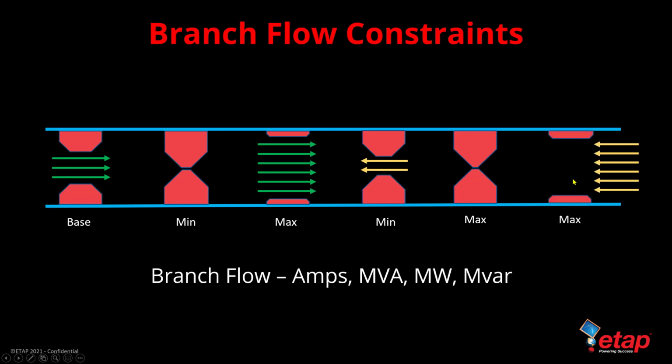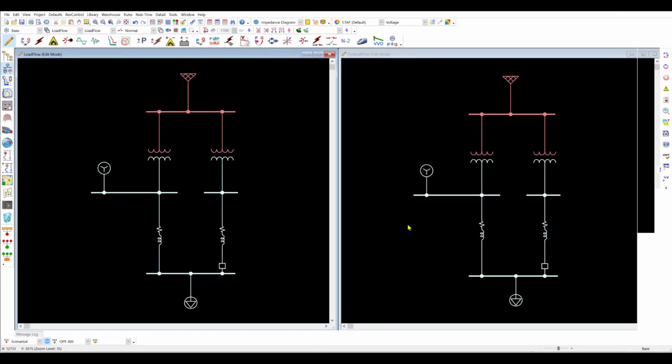You can also set up your limit, the maximum limit, to be a certain amount of flow, again in the opposite direction. So all of these different combinations are available when we define our branch flow constraints. And again, if you remember the 5-step process, this is step number 1 in order to define the bus and branch flow constraints. Now that we've learned about constraints, let's go ahead and quickly apply those using ETAP software.